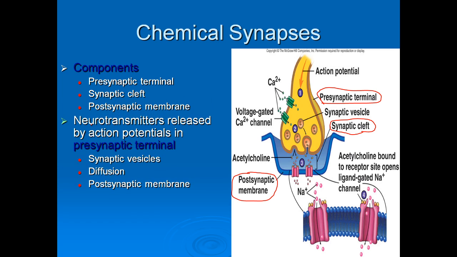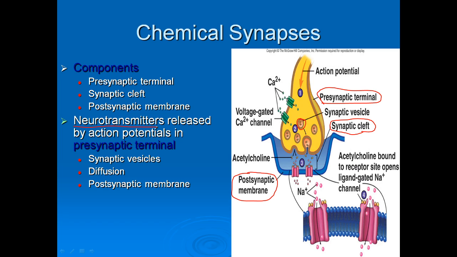Neurotransmitters need to be released by action potentials in our presynaptic terminal. If you recall from chapter 10, we have these vesicles at the end of the axon that are full of a neurotransmitter.